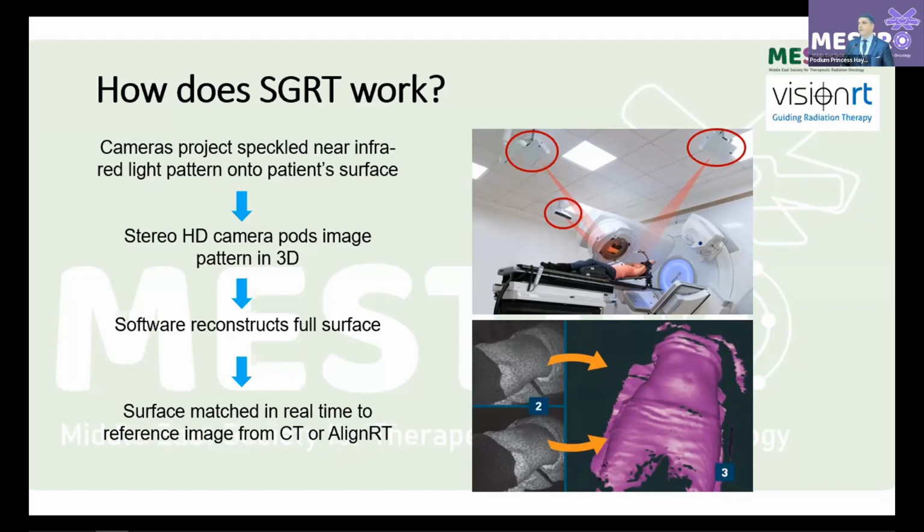This pattern looks similar to a QR code, which I'm sure everybody is familiar with. It gives a bit of texture to the patient's skin, and the stereoscopic cameras, utilizing the same principles as human eyes, reconstruct this speckle pattern into a 3D surface in real time.